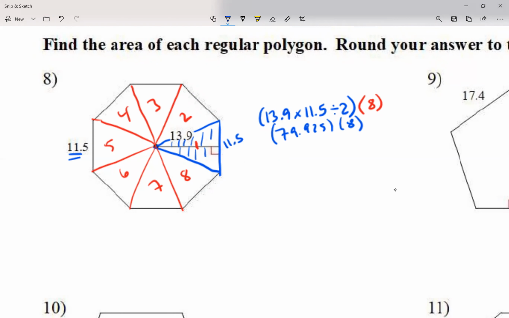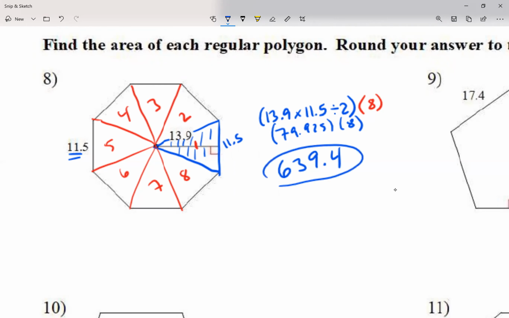So according to my calculator, I get 639.4. I only have 1 decimal number, so that's great. If I had more than 1, I would round it to just 1 decimal place. So my answer will be 639.4. So the way I'm going to do this, I'm going to get the area of a triangle and multiply by how many sides there are.